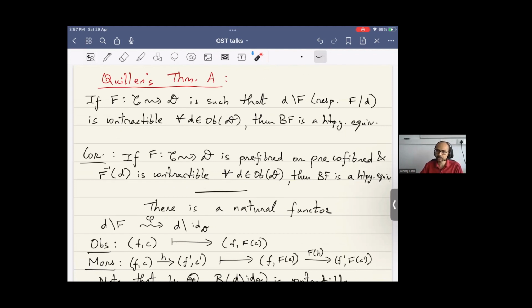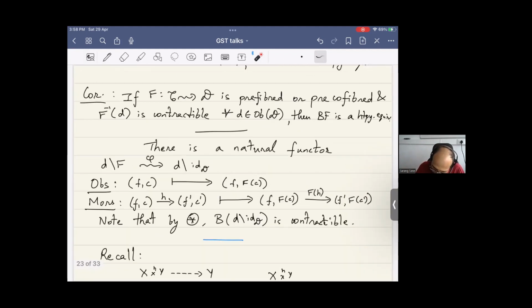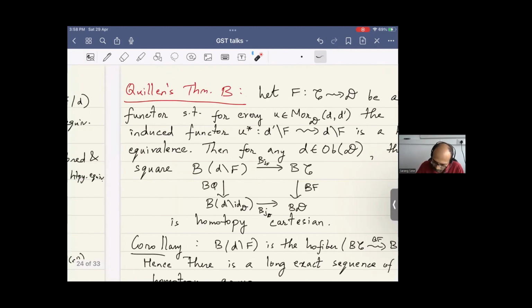These are both due to Quillen, and these are fundamental in any proof in algebraic K theory which involves Quillen K theory, or the constructions that Quillen has done: the plus construction, the Q construction, S inverse S, etc. All the proofs involve these two theorems. One is called theorem A, and the other, on the next page, is called Quillen's theorem B. So I will state them.